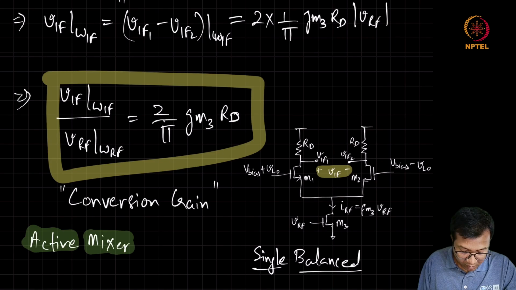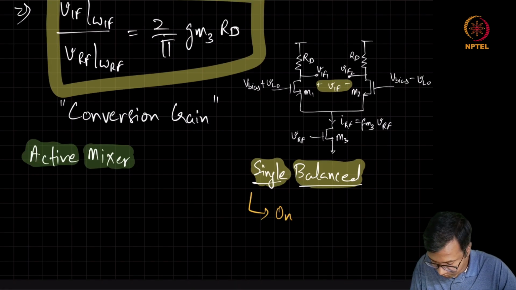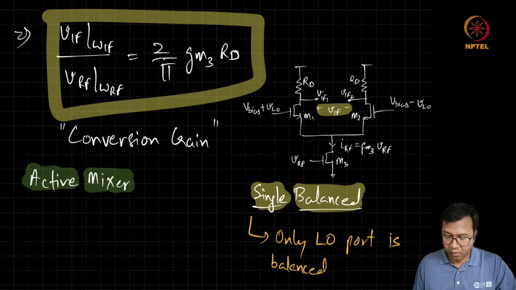So this is a single balanced active mixer. So the case when we have RF also available as a differential signal, then we can modify the circuit to allow a differential port for RF as well as LO, and that is called a double balanced active mixer.